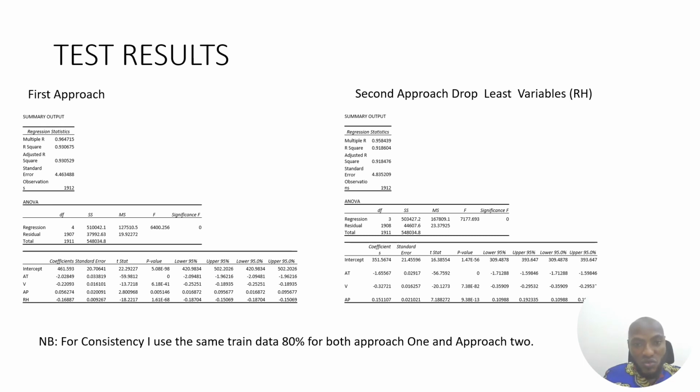The result shows an R square of 0.916, and of course you can see from this figure, AT has a negative influence on output, V has a negative influence on output. That is, a 1% change in the value of atmospheric temperature while holding the other independent variables V and AP constant will result in a decline in the output PE, same as above.